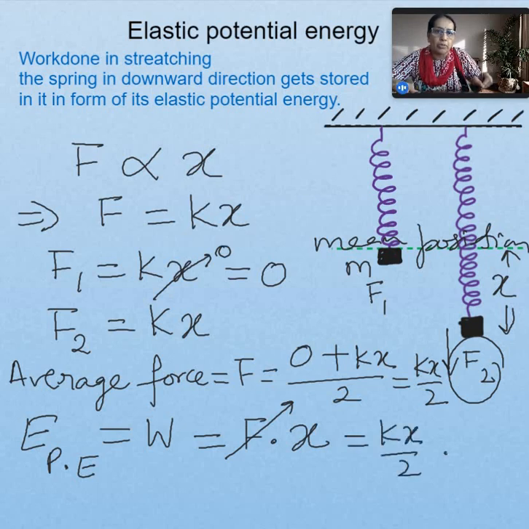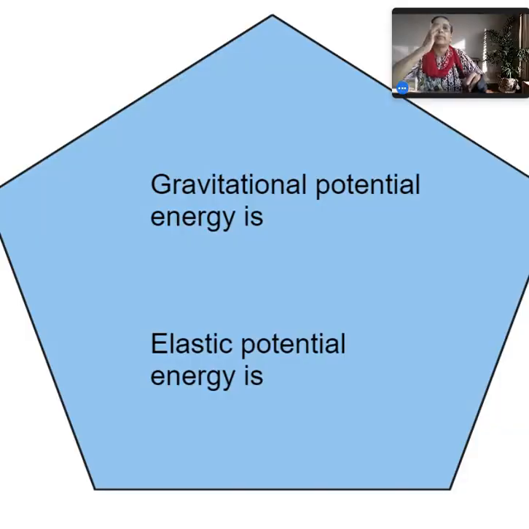So elastic potential energy is calculated using the formula half times k, where k is the spring constant, and then x into x is x square. Elastic potential energy is calculated using the formula half kx square.